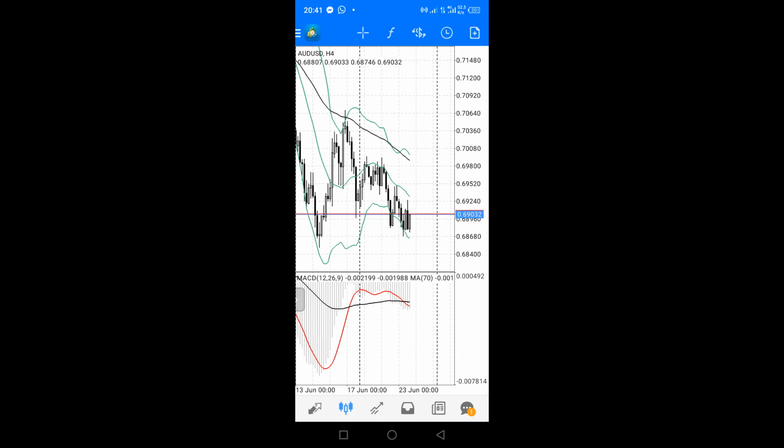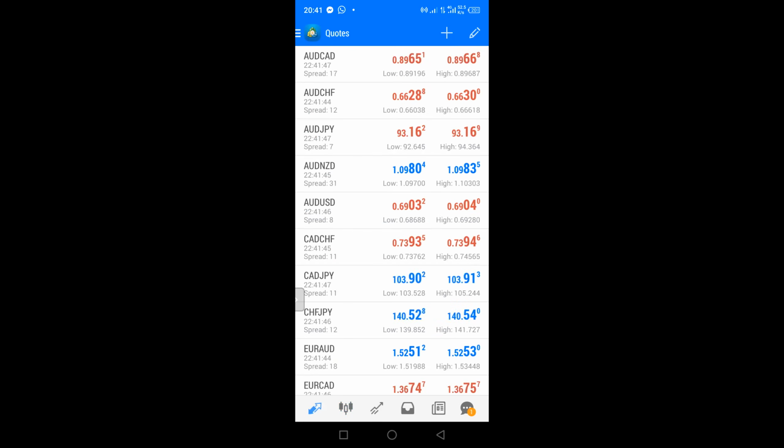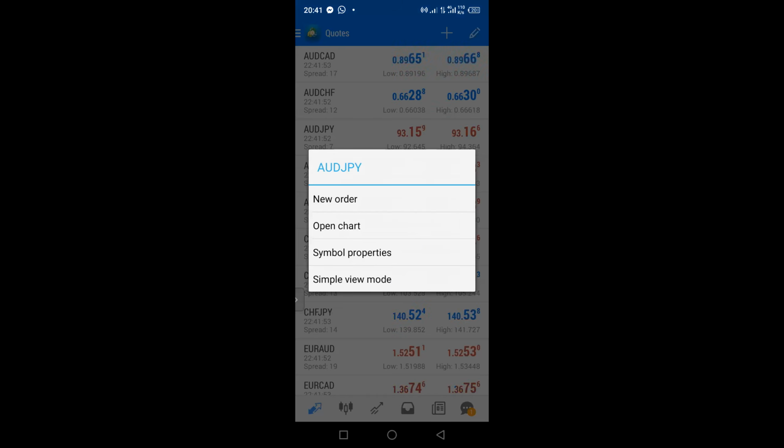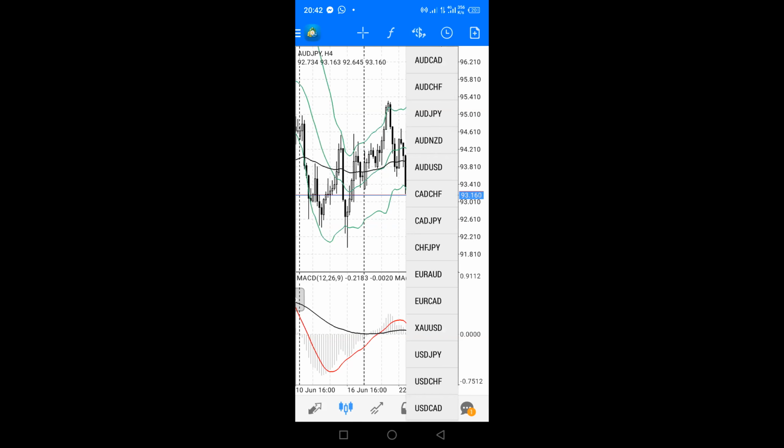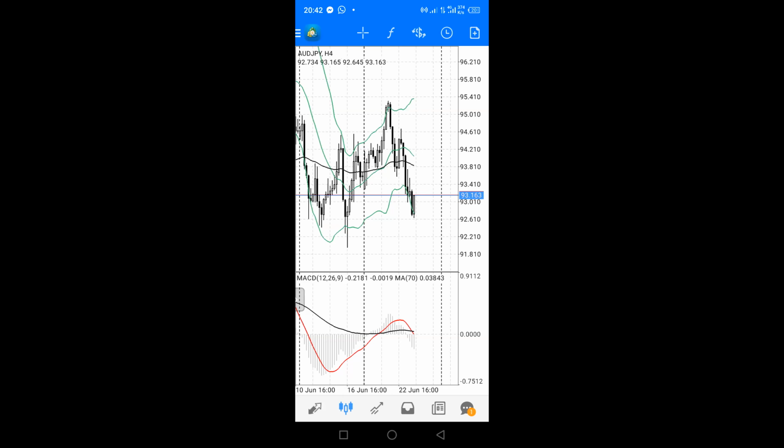The very first way is to come to your quotes, right? Long click on it and click on open chart, this AUD JPY, right? Of course, another way is to click on this and go straight to AUD JPY, and then it opens, right?